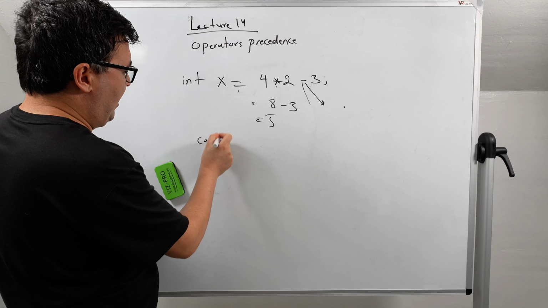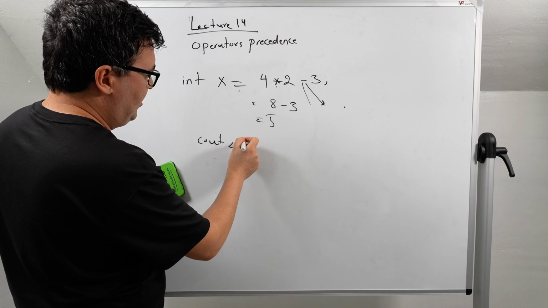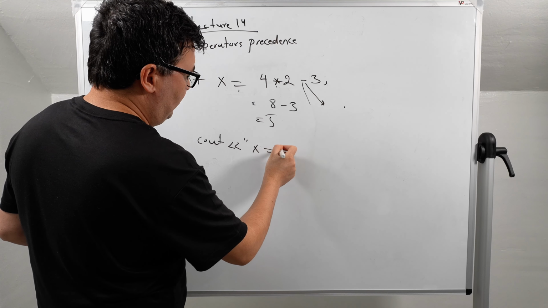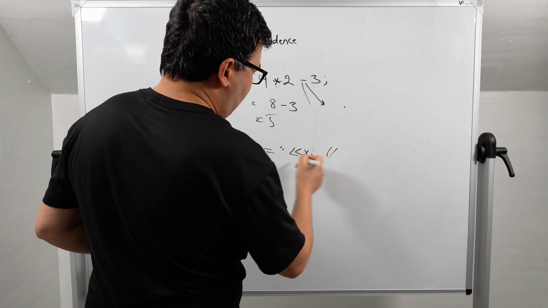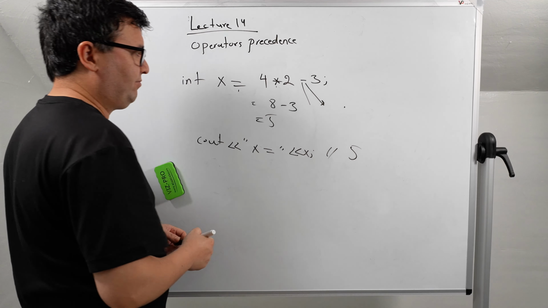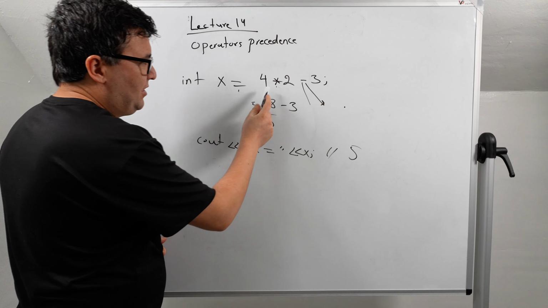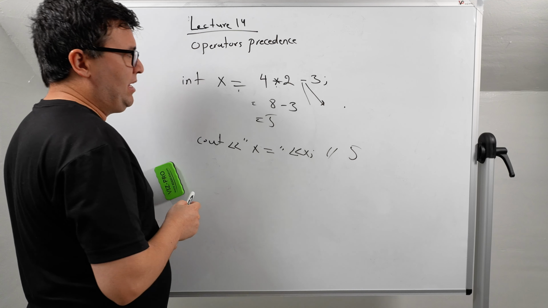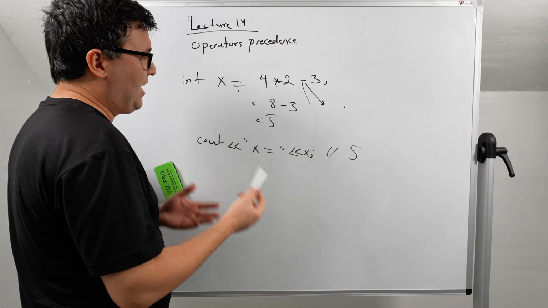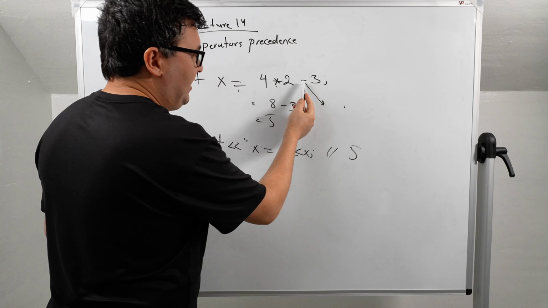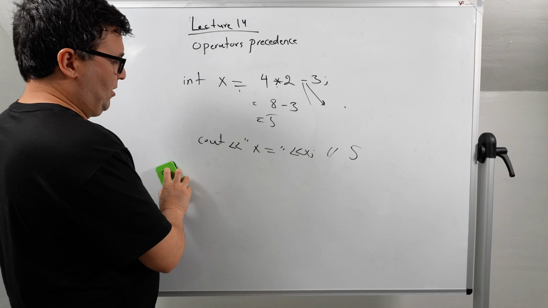If we print x, we get 5, because the multiplication operator has higher precedence than the subtraction operator.